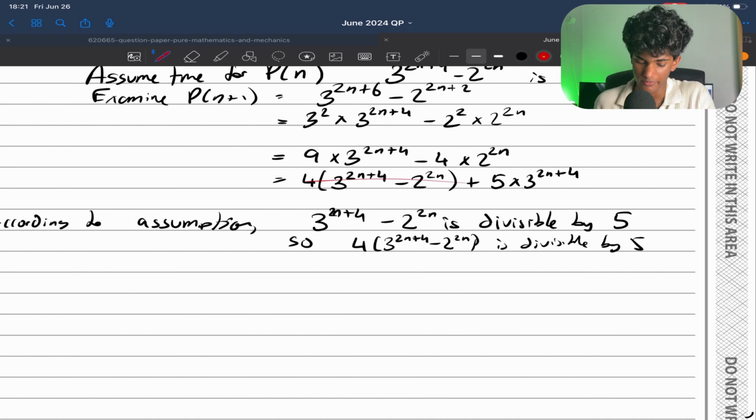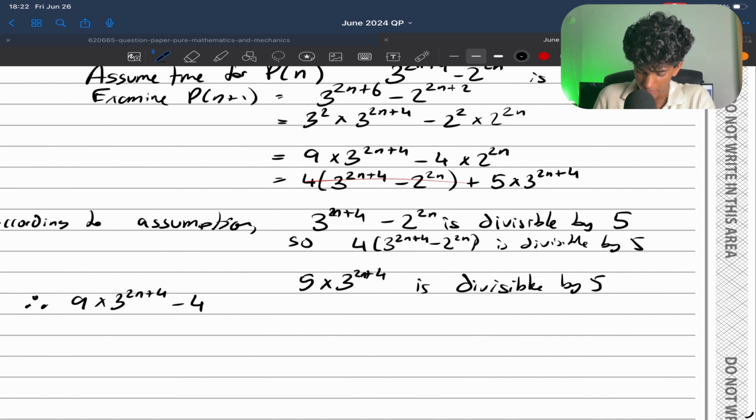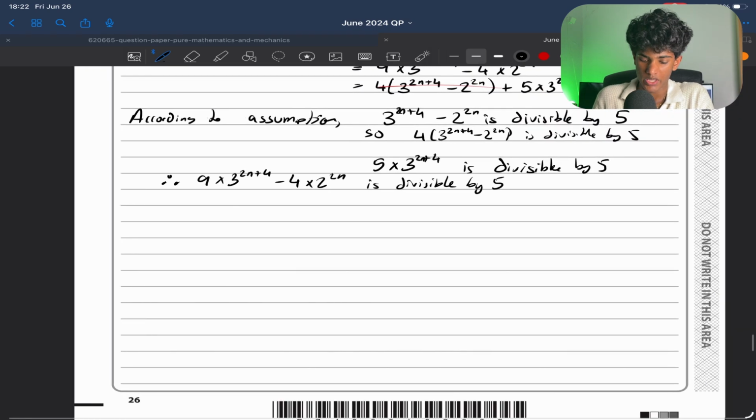That's divisible by 5. Now, 5 times 3 to the 2n plus 4 is obviously divisible by 5. It's got a factor of 5 right there. Which means 9 times 3 to the 2n plus 4 minus 4 times 2 to the 2n is divisible by 5.